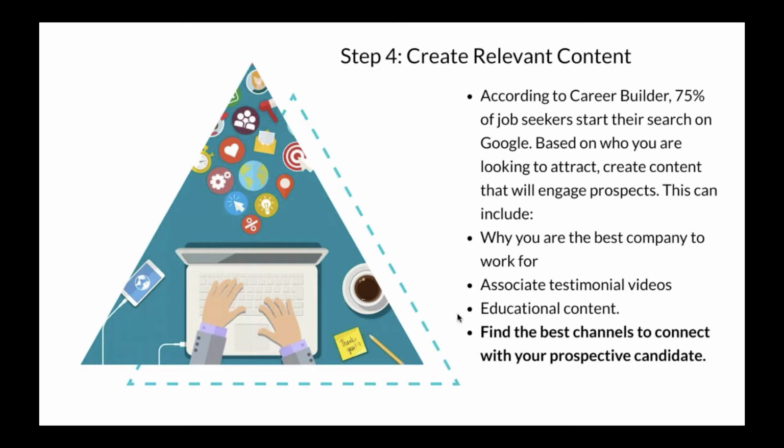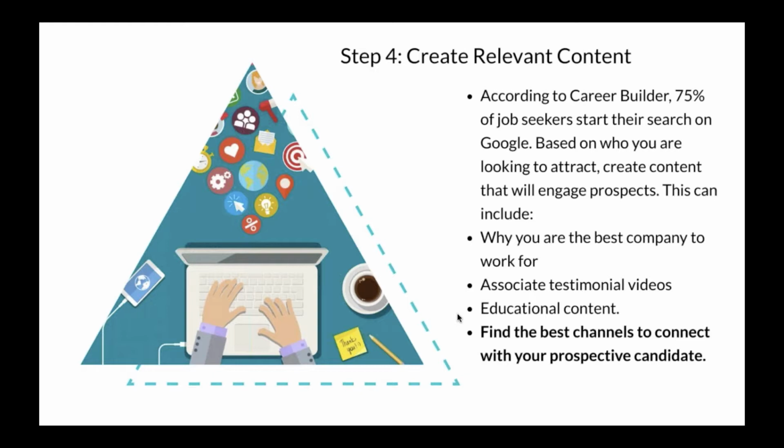So CareerBuilder told us that 75% of job seekers start their search on Google. So it's important that you have an online presence and that online bait to attract the top talent you're looking to attract. You're going to create content to engage your prospects.